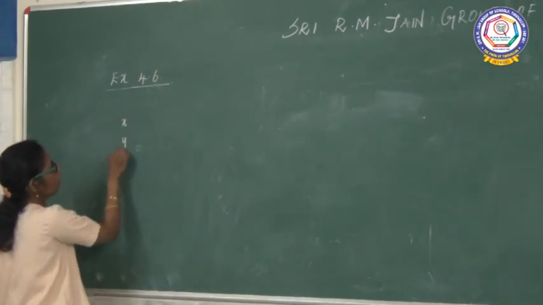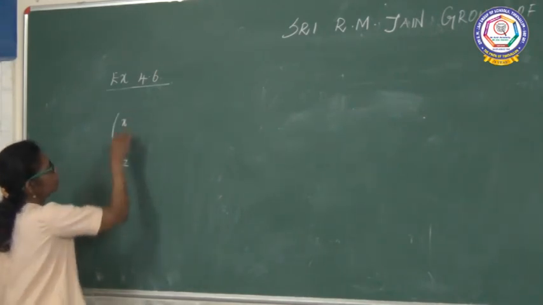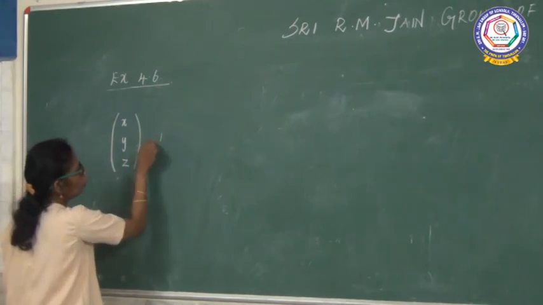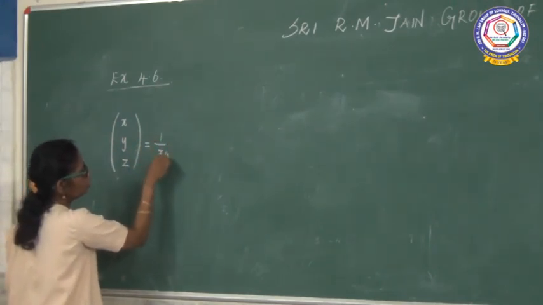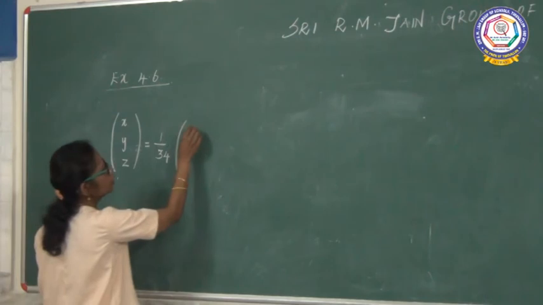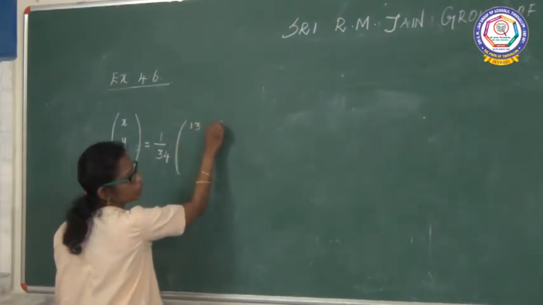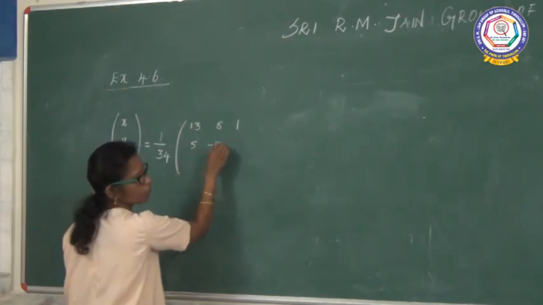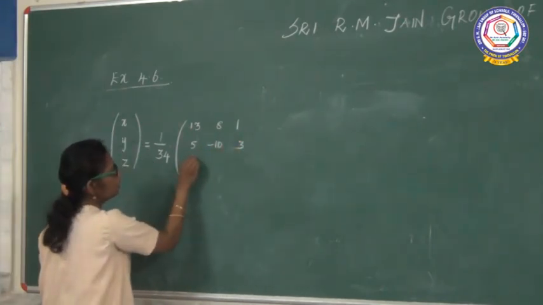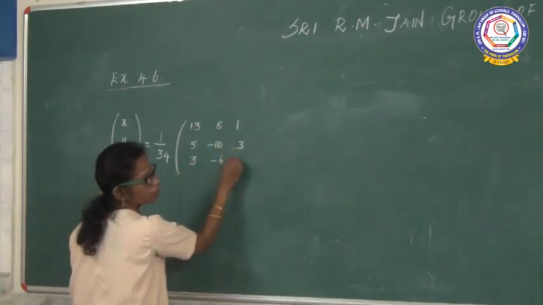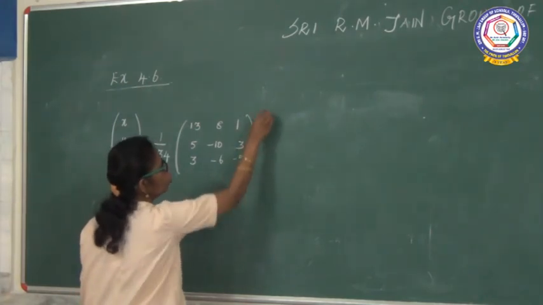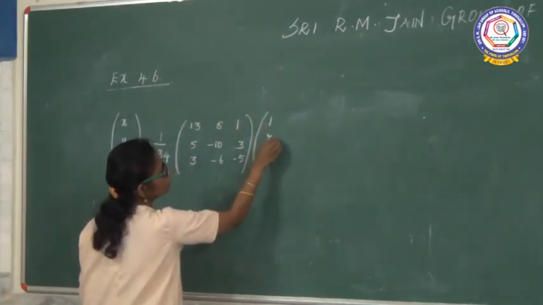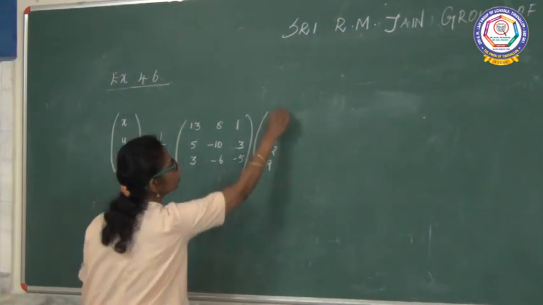X, y, z equal to 1 by 34 into the matrix 13, 8, 1, 5, minus 10, 3, 3, minus 6, minus 5, times 1, 3 by 2, 9.